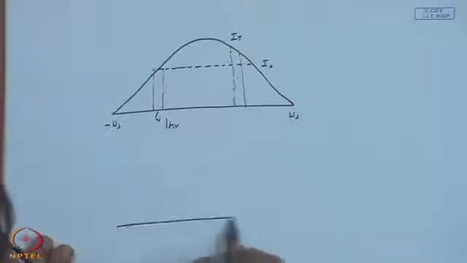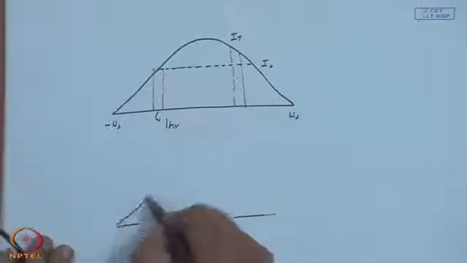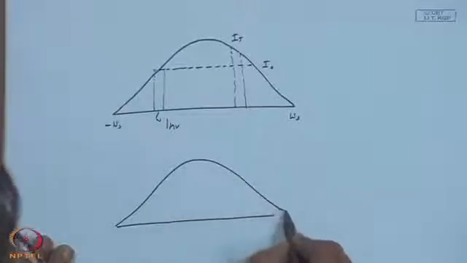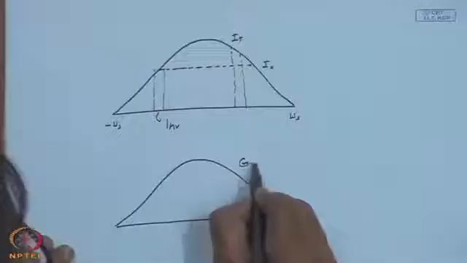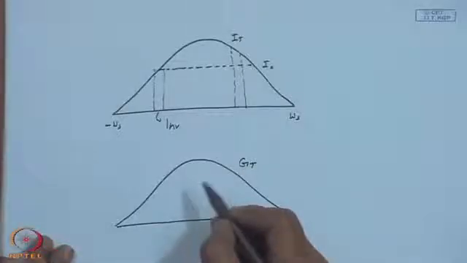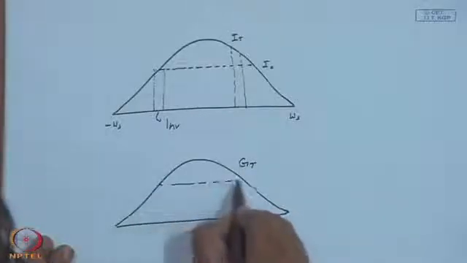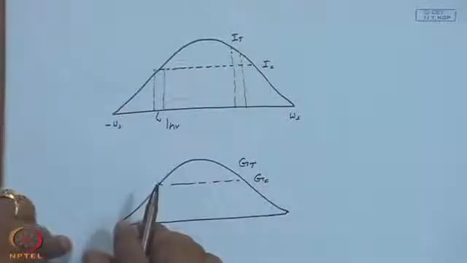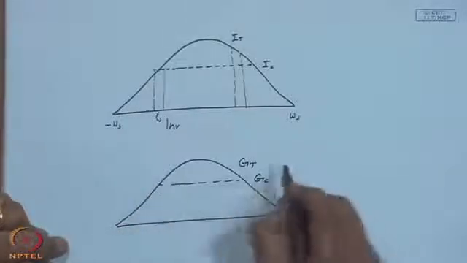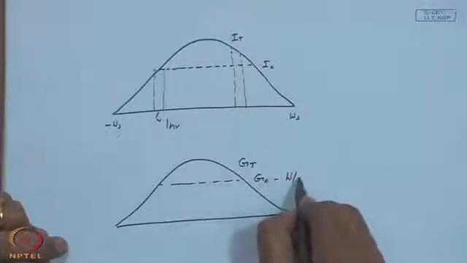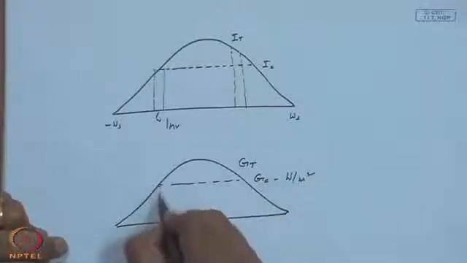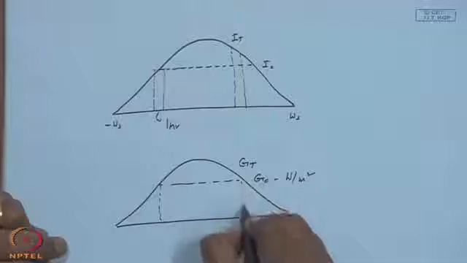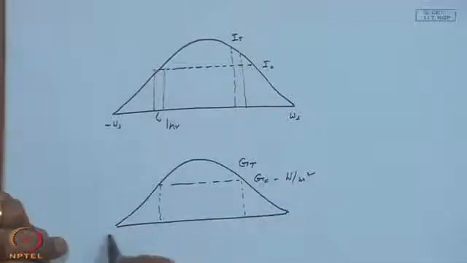Alternately, you can call it G T, the intensity on the tilted plane, to G C, the intensity at the critical level. Then this will be in watts per meter square, which is nothing but the ordinate over here.